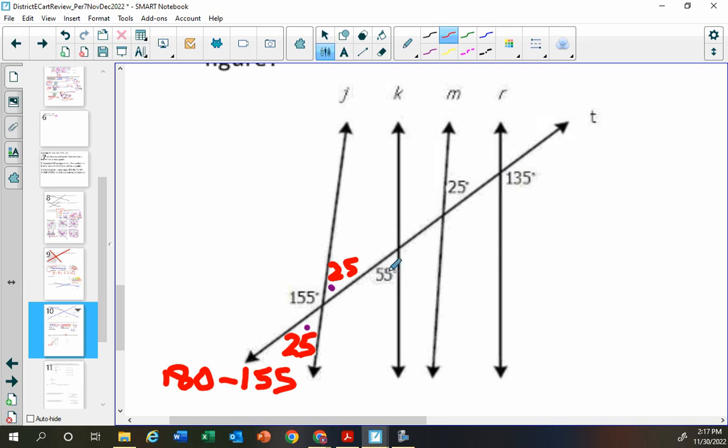Because if this angle's 55, then this one's going to be 125. Would these two lines work? Could they be parallel lines? No, they're not going to work. So J and K will not work. Since these two numbers don't add up to 180, J and K are not parallel.